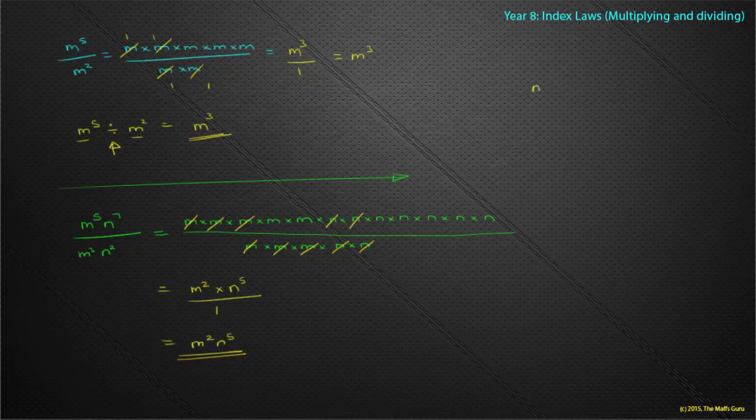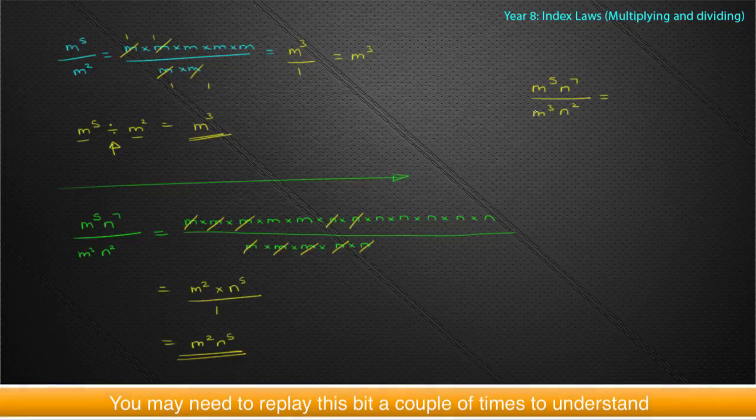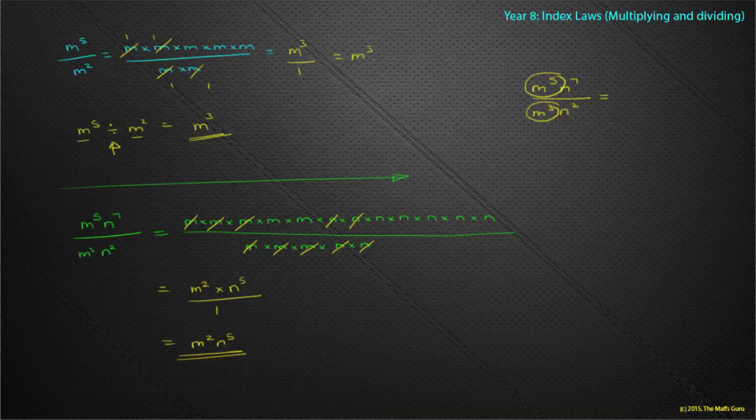Let's just look. M to the 5, n to the 7, divided by m to the 3, n squared. Well, I've got 5 m's on the top, and I've got 3 m's on the bottom. What did I notice? I had 5 m's on the top and 3 m's on the bottom. But 3 of the m's disappeared. They went, didn't they? Because they went off the bottom.